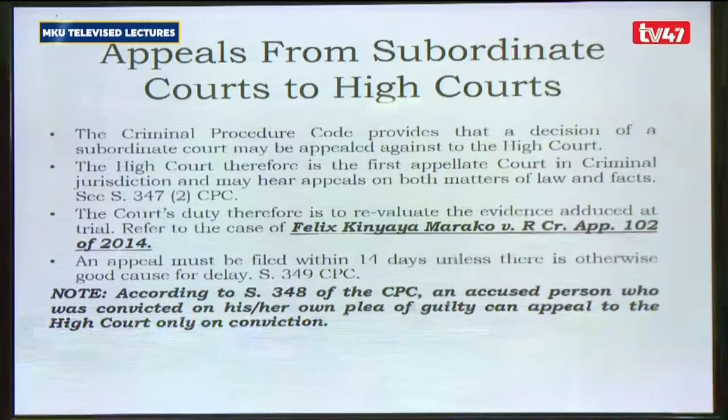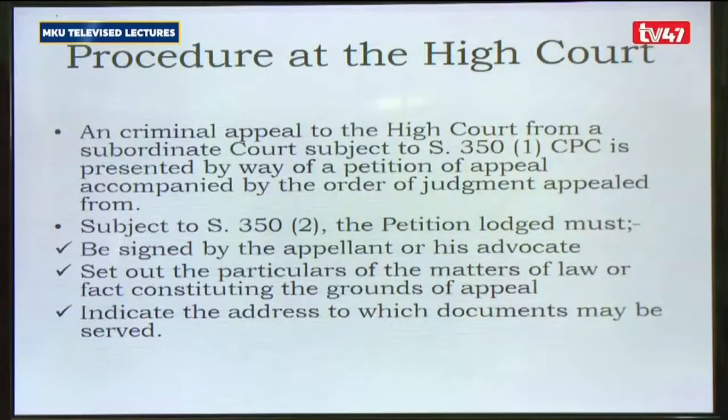That is section 347, subsection 2 of the CPC. The role of the appellate court is basically to reevaluate the evidence of the subordinate court. And as I've said, it must be filed within 14 days.